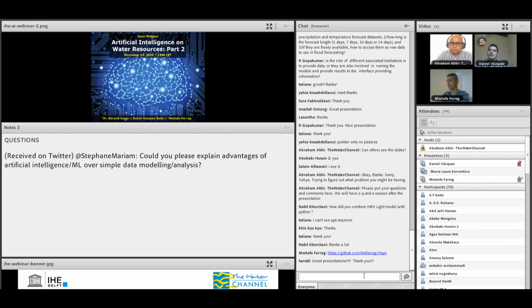You just obtain it from the calibration or from the optimization. It's a black box. For example, one of the questions was asking about flood mitigation or scenarios about land use change, and for this application you are forced to use physically based models rather than machine learning. So it mainly depends on the purpose why you are building this model.